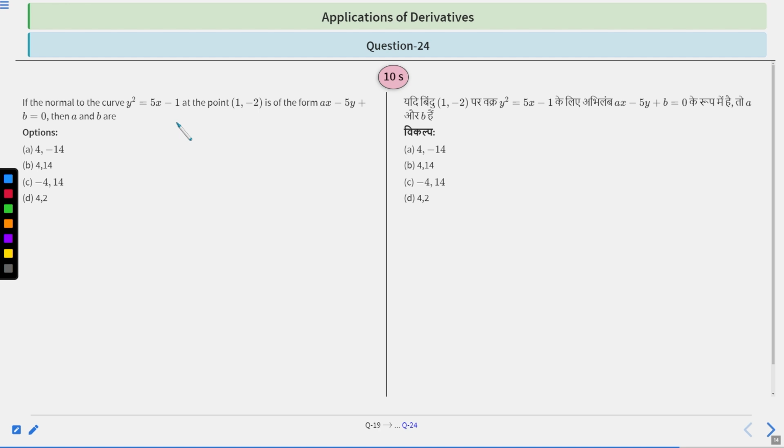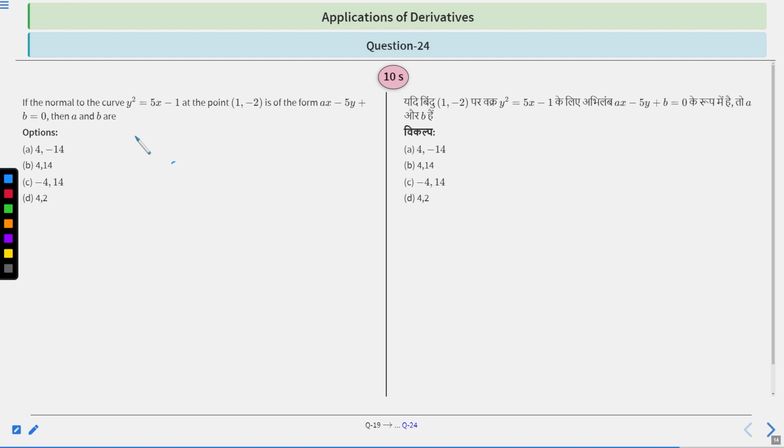So the hint of this question is, see, first we will find the normal to this curve at point (1, minus 2). First we will calculate dy by dx by differentiating both sides. After that we will find minus 1 by dy by dx. Clear?